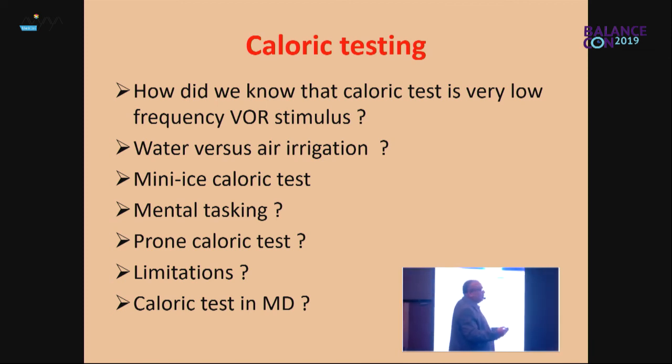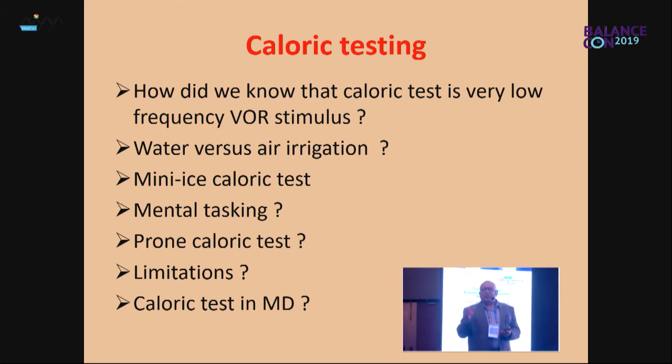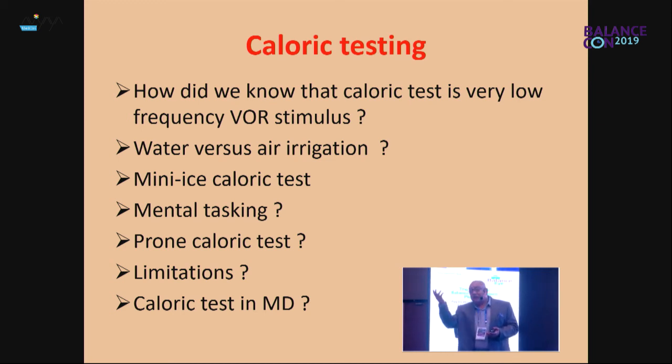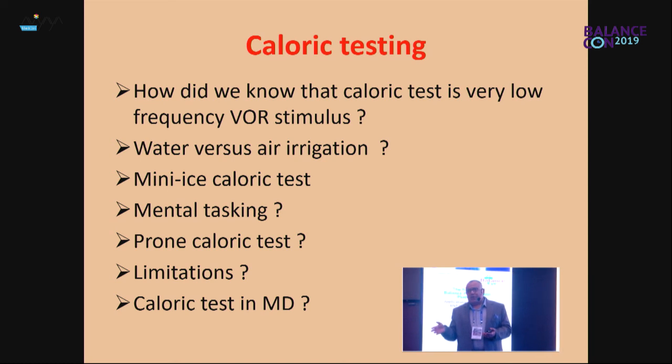So the limitation of the caloric test is that it's not a direct vestibular test. It's easily affected by the heat transmission mechanisms. So if you have a very well aerated mastoid, it compromises the heat flow. It does better if it's a sclerotic mastoid. So it's actually not a pure vestibular test. That's a major limitation.